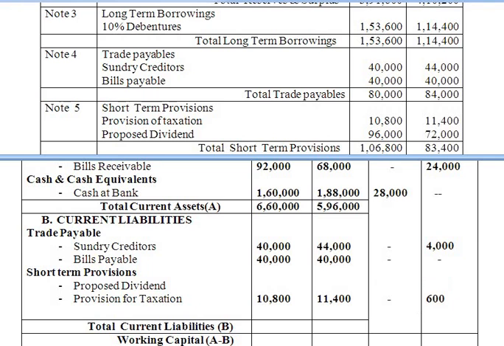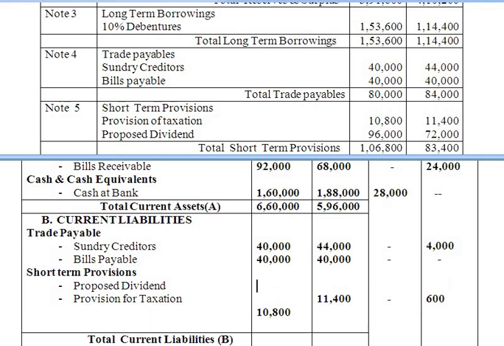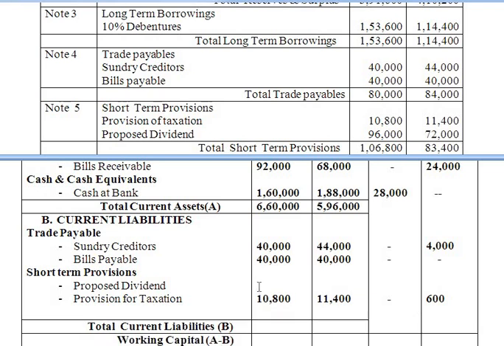And proposed dividend, it is 96,000. Proposed dividend how much? 96,000. Okay, and for the year 2019 it is how much? 72,000.